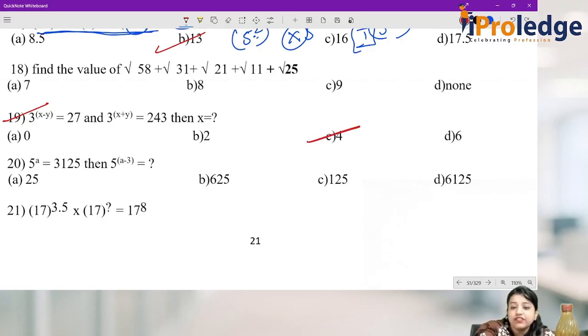So the 19th one will be 4. X is 4, y is 1. Okay. Next 20.